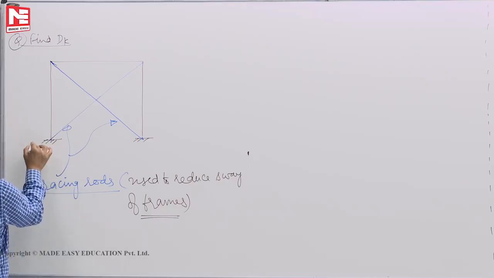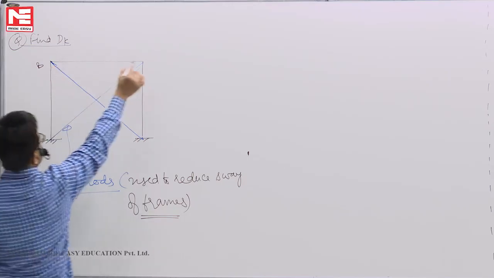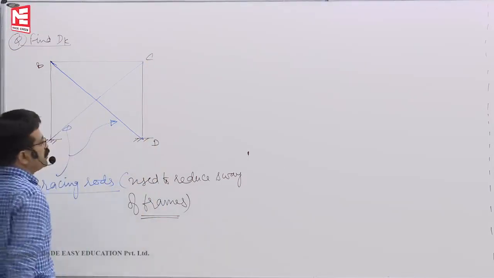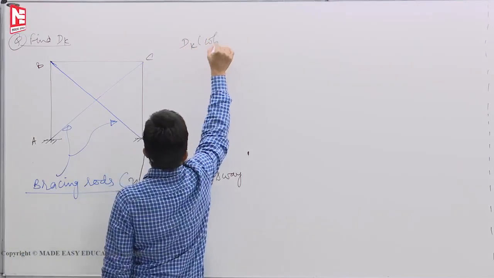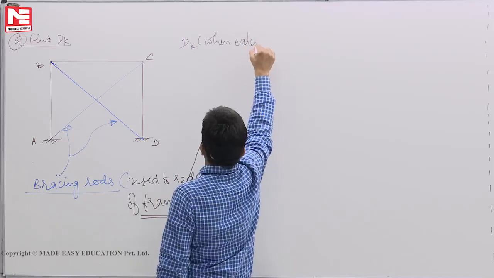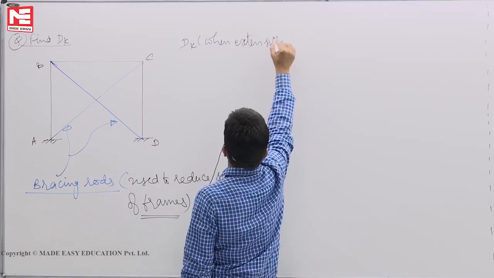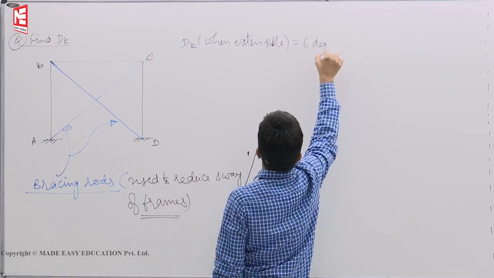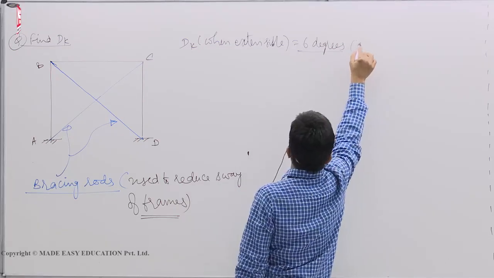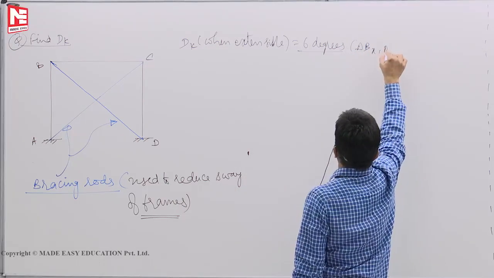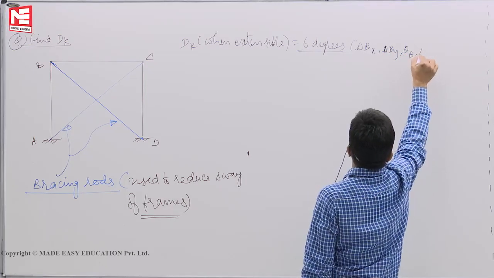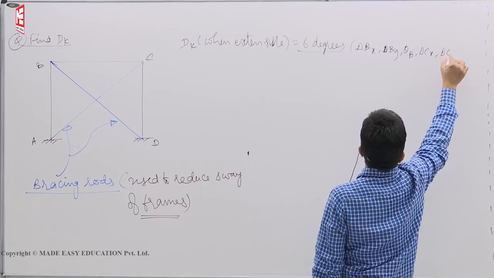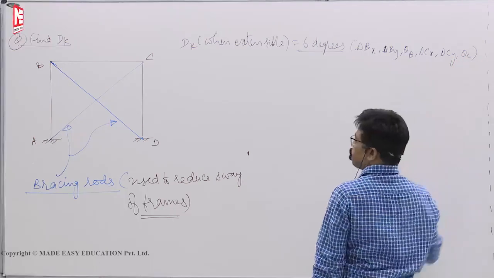Okay, now let us see A, B, C, D. Now Dk when members are extensible: again the same 6 degrees, delta Bx, delta By, theta B, delta Cx, delta Cy, theta C, all are possible.